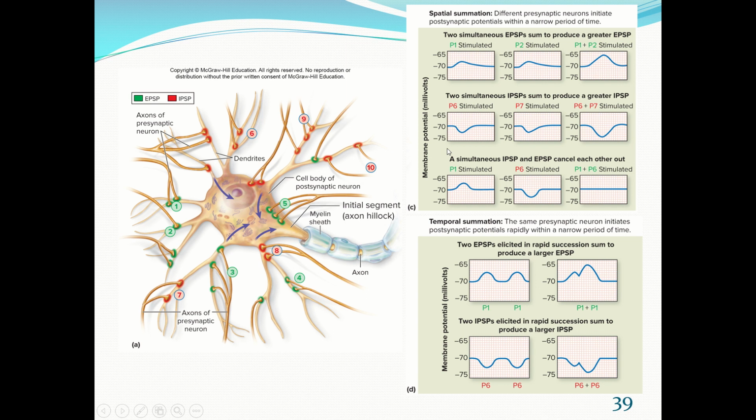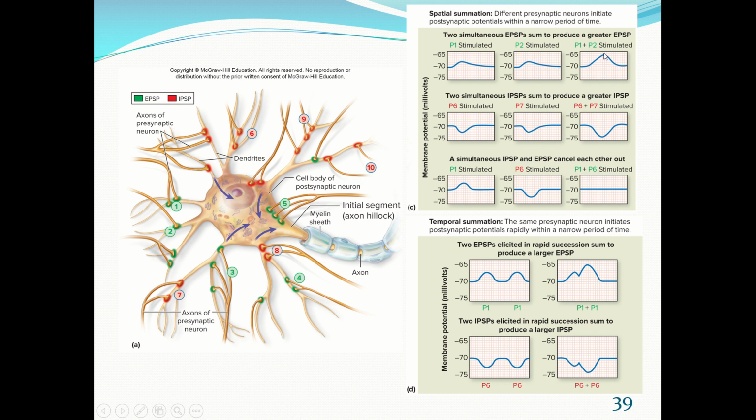And so the right side graphs are showing spatial summation at the top and temporal summation at the bottom. I'll read one of the examples from each. So in the spatial summation here, you see that we've got P1, so that's neuron number 1 over here, and P2, neuron number 2, will both be shooting excitatory postsynaptic potentials to the neuron.